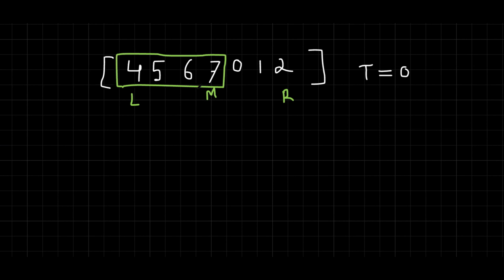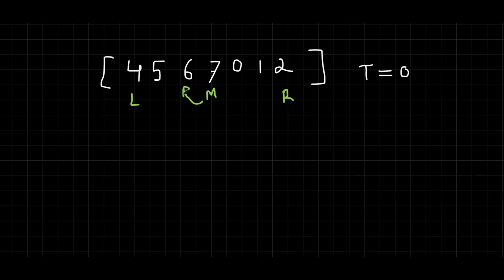The mid can belong to either the left subarray or the right subarray. So at first, we have to determine in which subarray the mid belongs to. So here, the mid belongs to the left subarray.